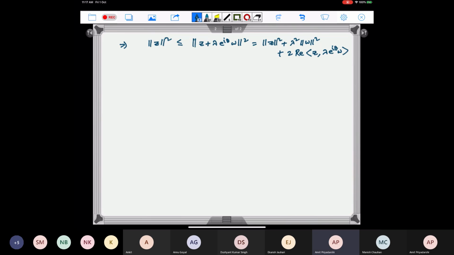Now what is z inner product with lambda e to the i theta w? We get lambda e to the minus i theta, the conjugate of this scalar, and then z inner product w, and z inner product w is equal to r e to the i theta.